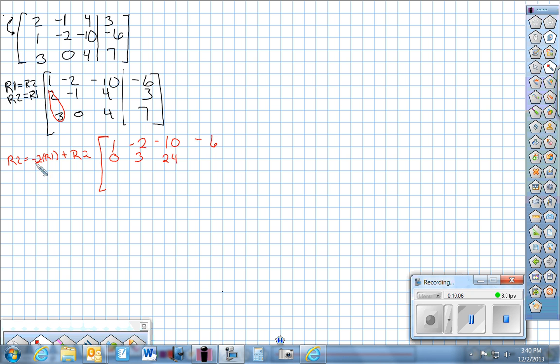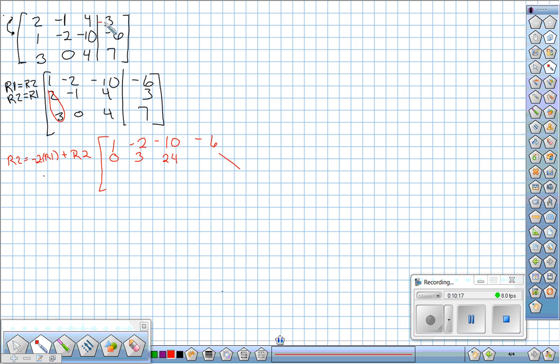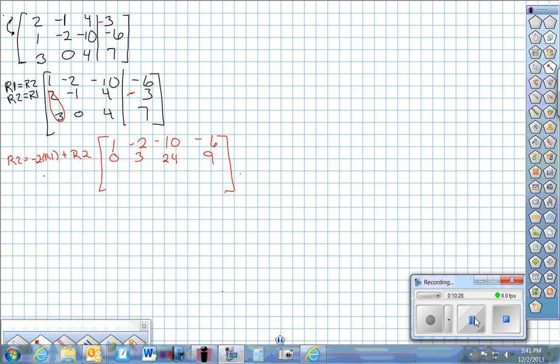And then I have negative 2 times negative 6 is positive 12 plus 3. That's because I didn't copy down this guy right, so that should be negative 3, and then that will give me a positive 9 right here. So first lesson is make sure you have everything written down correctly.